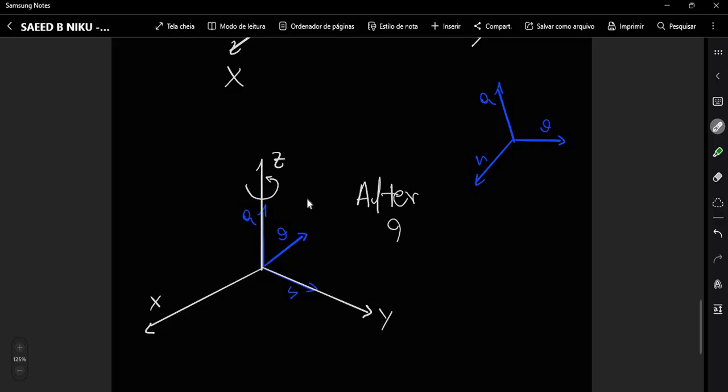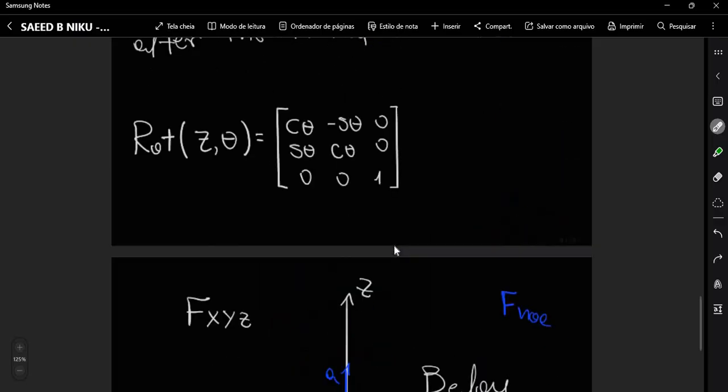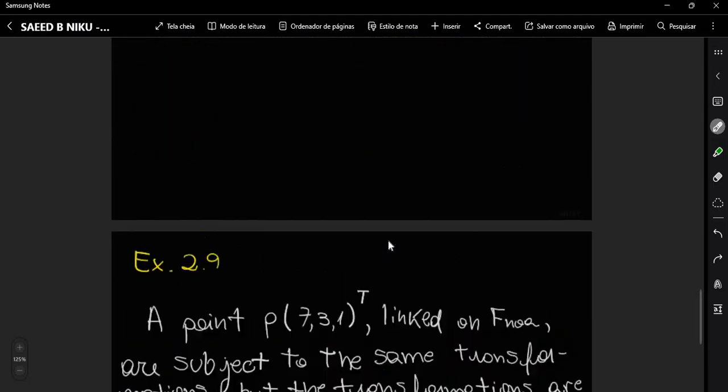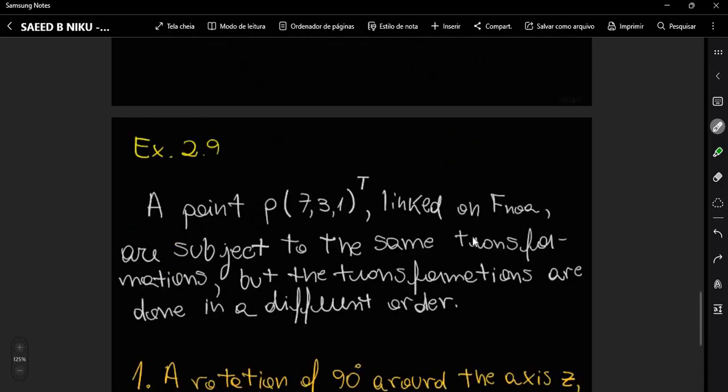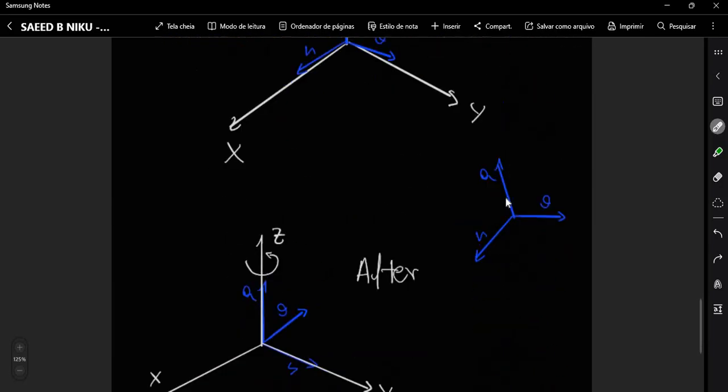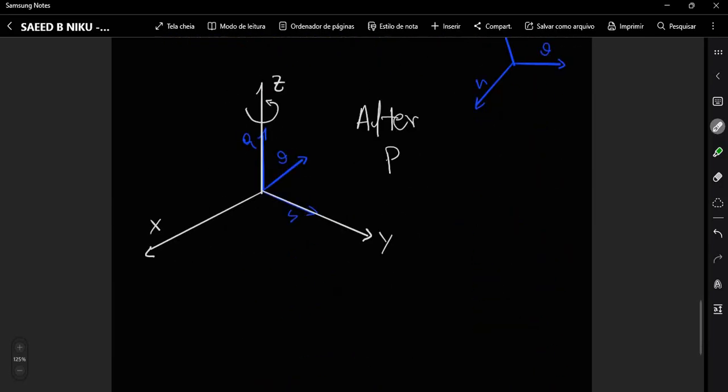After, let's use this notation. Rotation after rotate above the Xz 90 degrees.